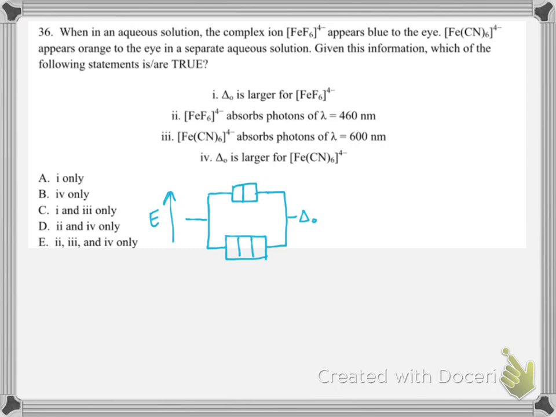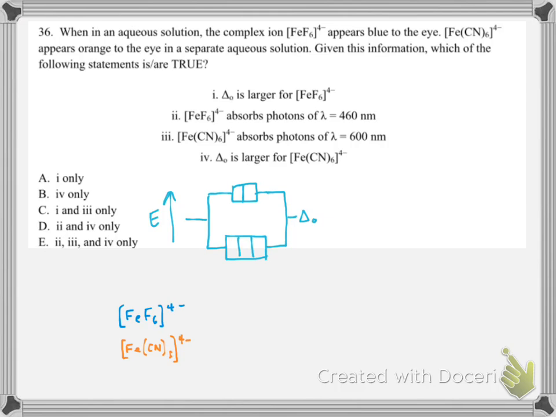So we have FeF6 4-, and then we have FeCN6. Okay, so then they want us to pick what's true and what's false.